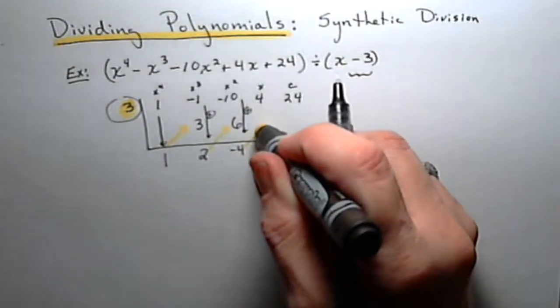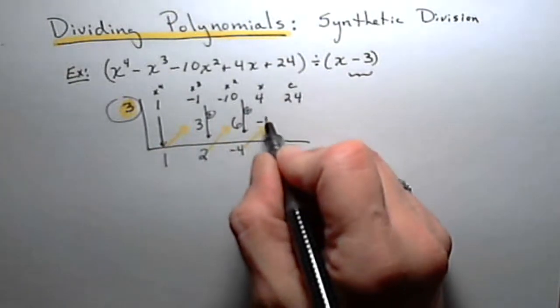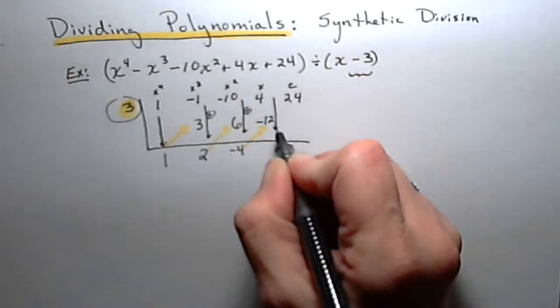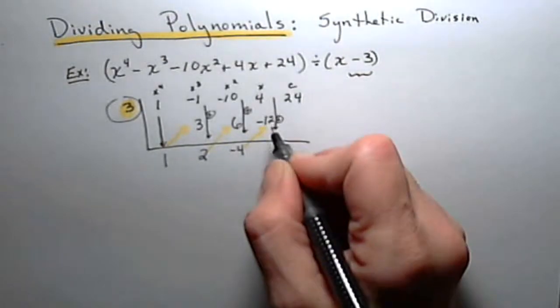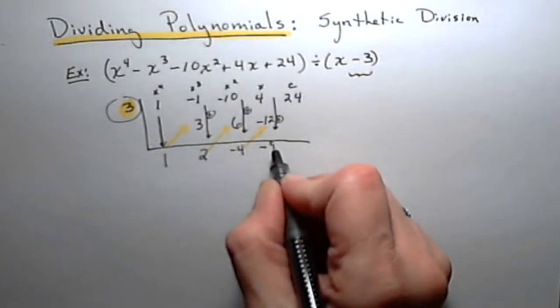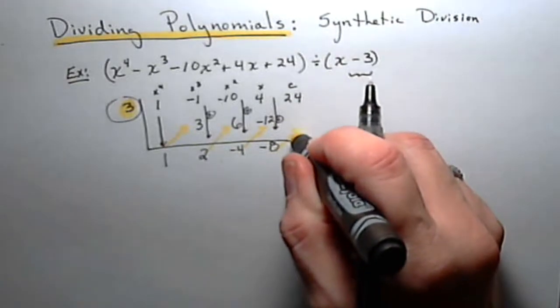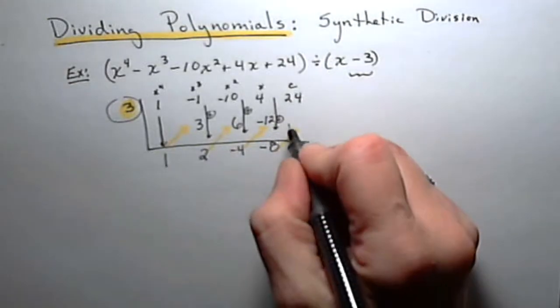Once again we multiply it times the 3. Negative 4 times 3 is negative 12. Then when we add 4 plus negative 12, we end up with negative 8. Then I multiply negative 8 times 3. I get negative 24.